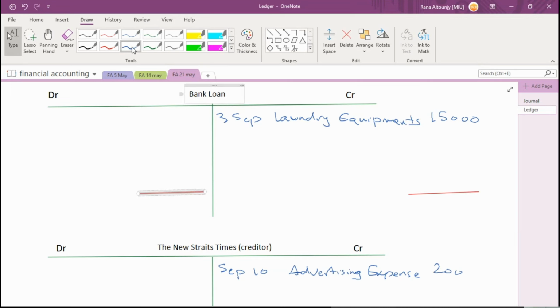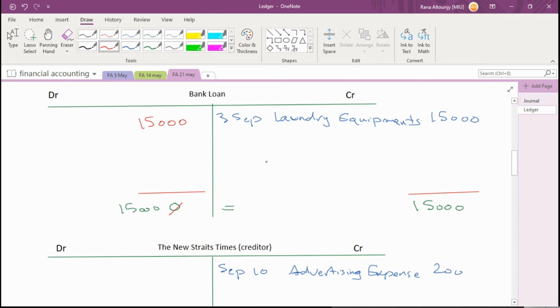Okay. So also here we see this side is 15,000. This side is 0. So we need to add the balance in this side, which is 15,000. Like this, the sum changes from 0 to 15,000 and both sides become equal.